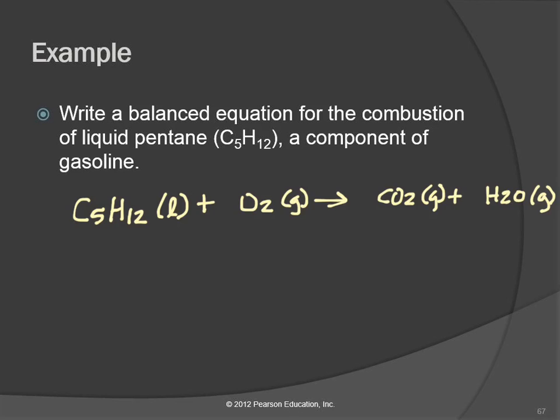So these are our products, and we have to balance this. In balancing these combustion reactions, we've got oxygen by itself. Always leave the oxygen for the end, because then you can deal with it by itself. So here we've got 5 carbons and 1 carbon. So I want to put a 5 here. If you need to write the little tally table underneath, you go right ahead and do that.